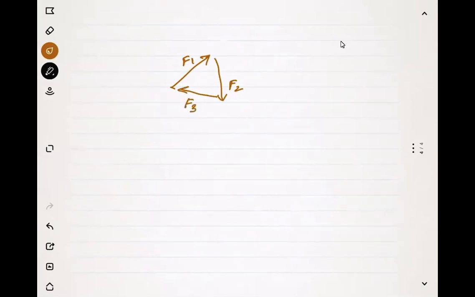So these three forces which are making a closed triangle, these three forces can be balanced or in equilibrium.